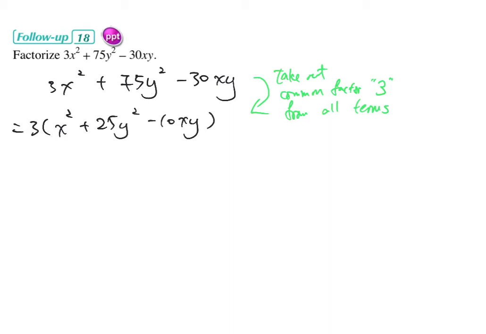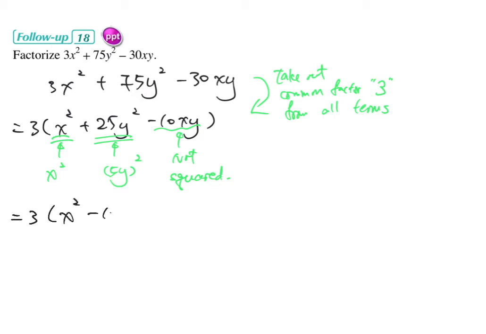At this stage, x squared is a square term, and the second term is a square term. It is 5y whole bracket squared, but the last term cannot be squared. So we should rearrange the polynomial such that the first and the last are the square terms.